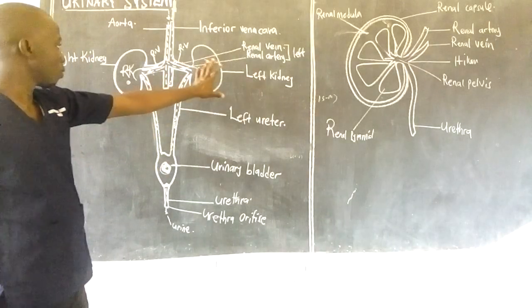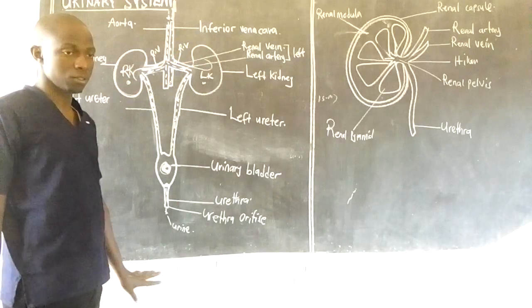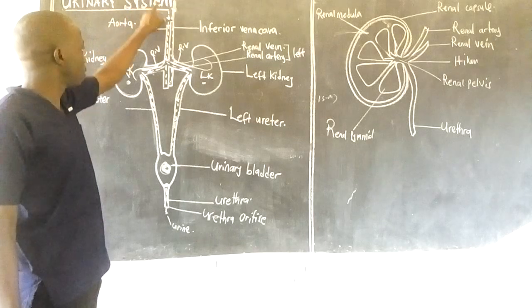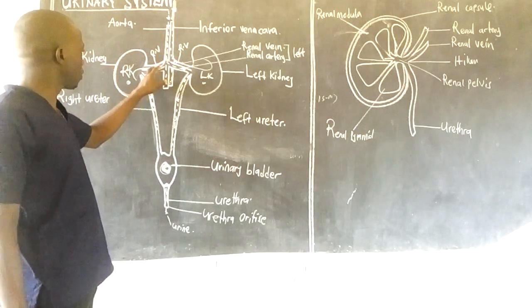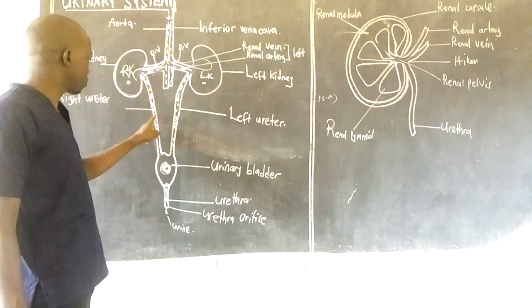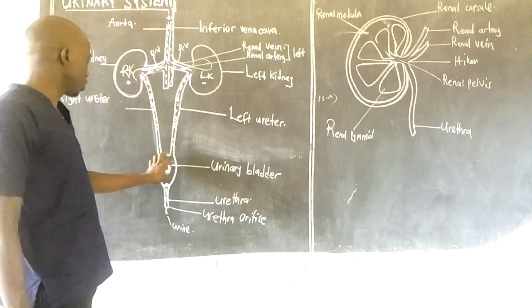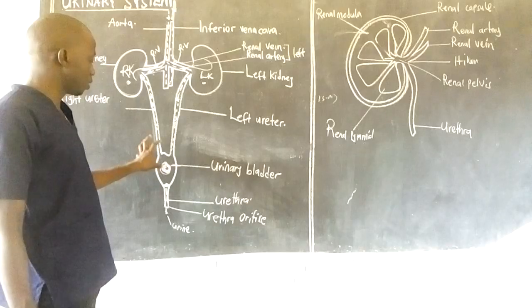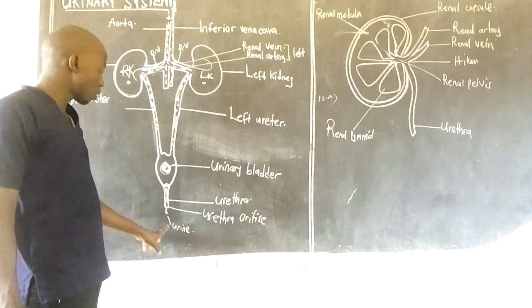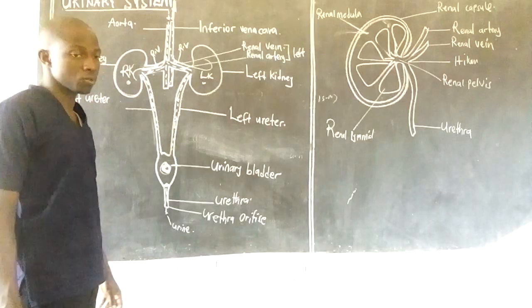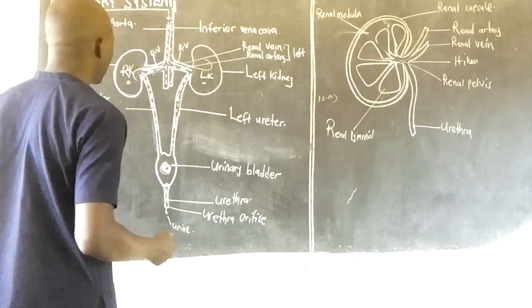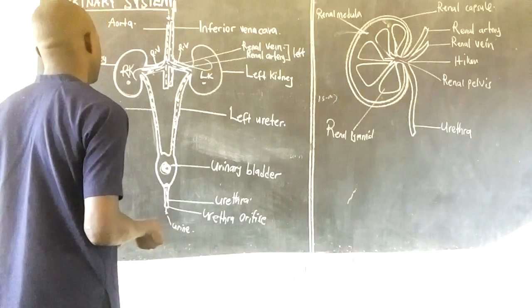So this is how this system functions. Blood from the heart to the aorta to the renal arteries is filtered, and the excess is passed out as urine, which collects in the urinary bladder. Once it fills up, the sphincters open here, and urine is passed out through the urethra in both male and female organisms.